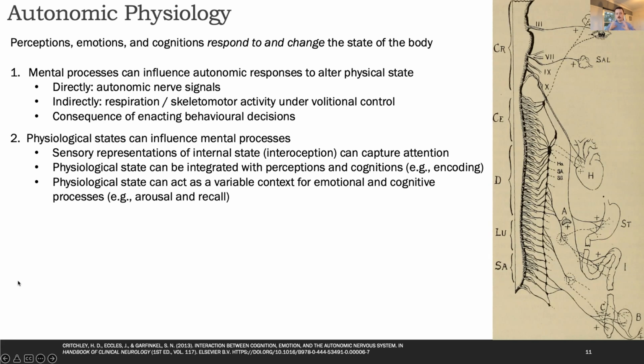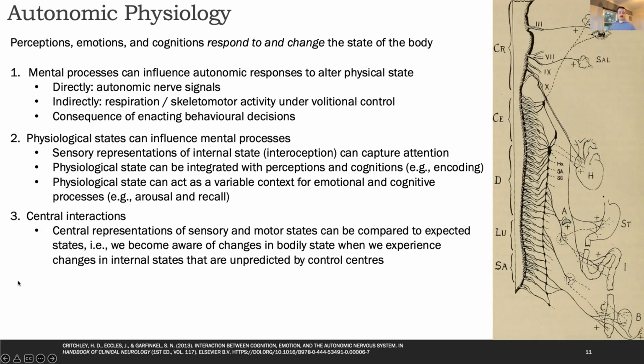So if you learn something in a particular physical state, your recall is actually better when you're in a similar physical state. And there are also central interactions between these two directions. Often we will have representations of our sensory and motor states.